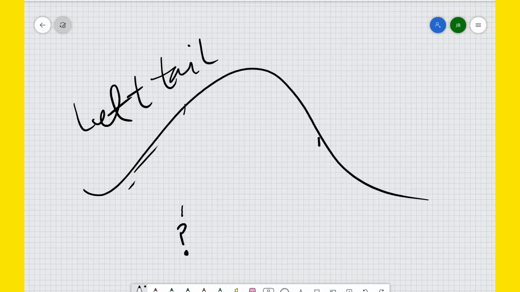You could have also done a right tail. What if we want to know what value has 0.3632 of the data to the right of it, or more than that, and we're looking for that value? That's called a right tail.